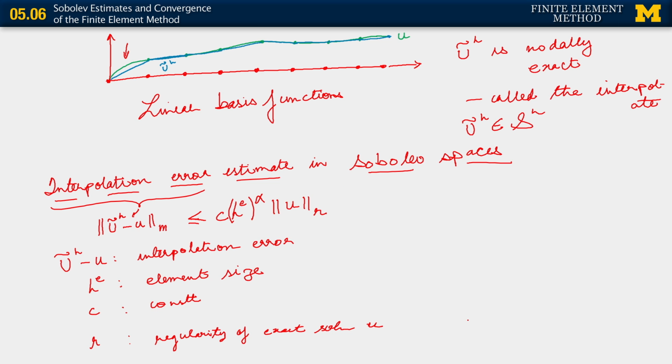Okay, right, so let's just recall that this quantity, the r norm of u, is a measure of smoothness, of regularity, really. r comes from regularity, right, which is really a measure of smoothness of u, right. If you have the r norm of u, it means that you can take up to r derivatives of u and still have that quantity bounded, which gives you some sense of how smooth u is.